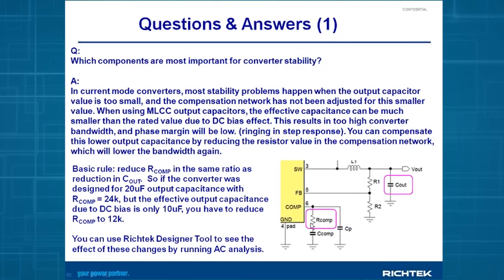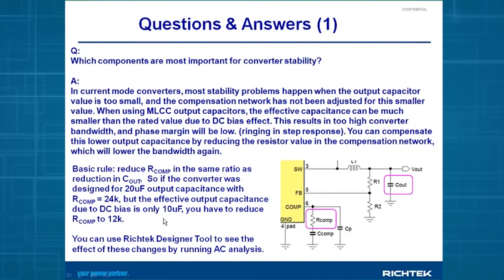you have to reduce the compensation resistor in the same ratio as the output capacitor drop. So when it was for 20 microfarad design, you would choose a 24K compensation resistor, but the actual capacitance is only 10 microfarad. The compensation resistor needs to be reduced to 12K in the same ratio as the output capacitance.